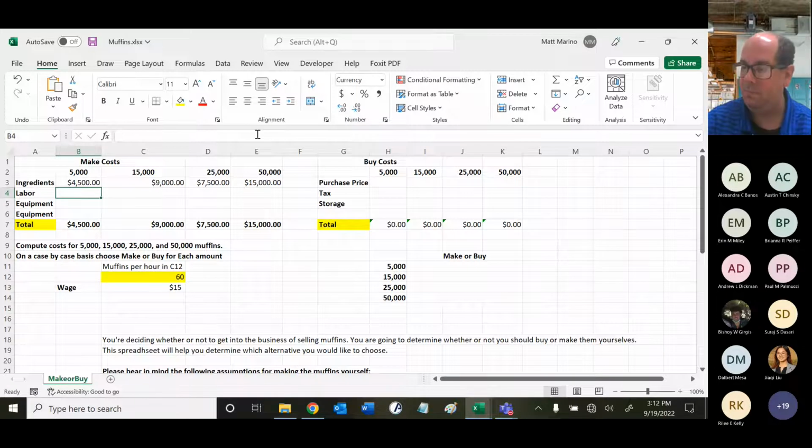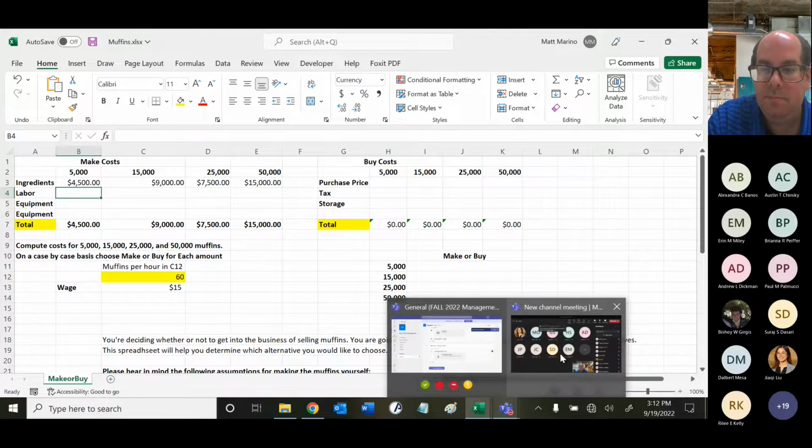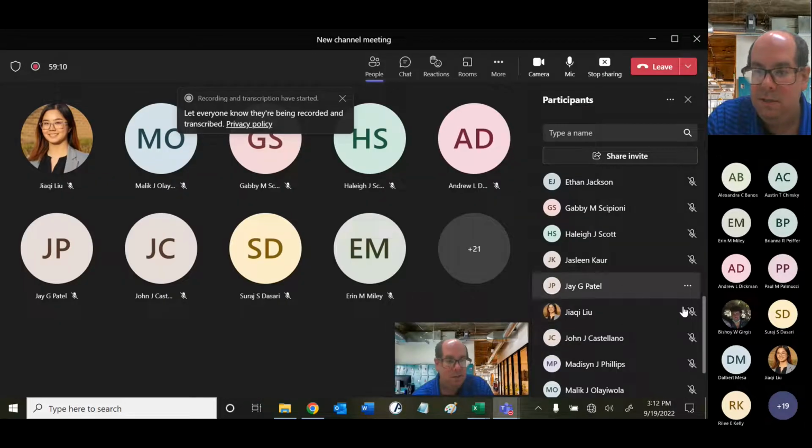Simple enough. All right, how do we calculate labor? The formula is the same no matter how many muffins you make, which should give you a clue. Let's see.